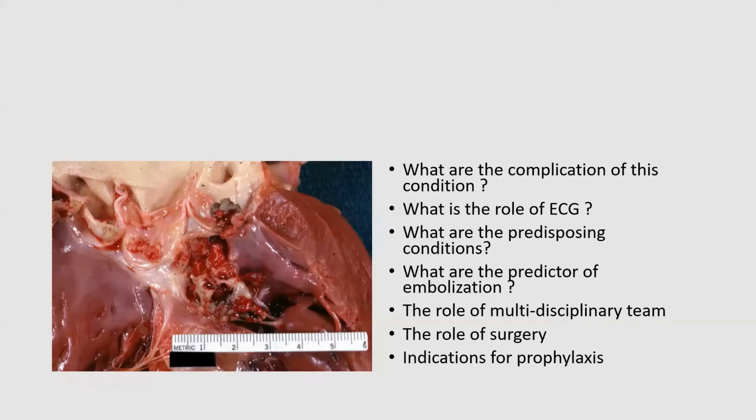If you have vegetation here, this vegetation can extend periannularly and affect this area, which can compress on the conduction system, and you might end up having some ECG blocks.